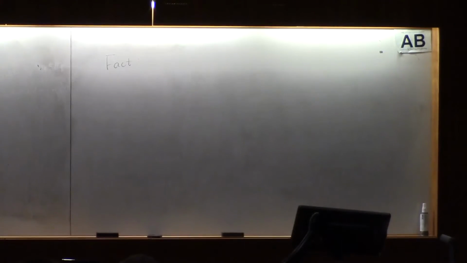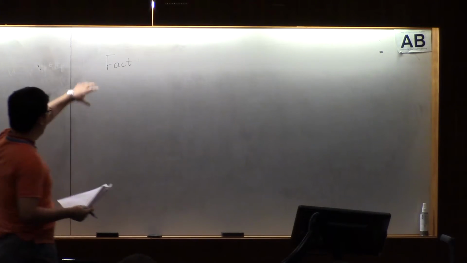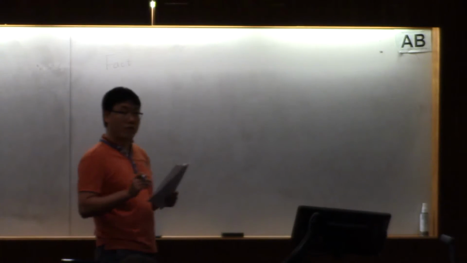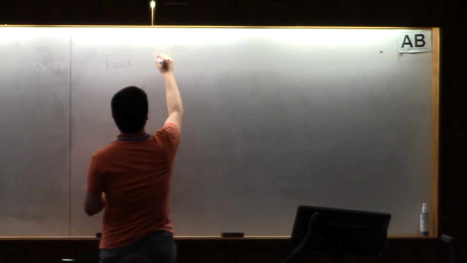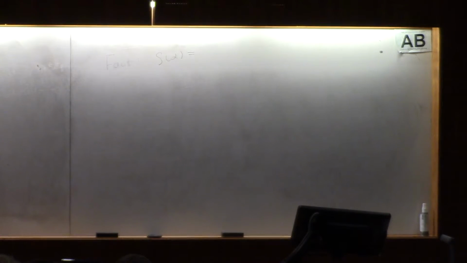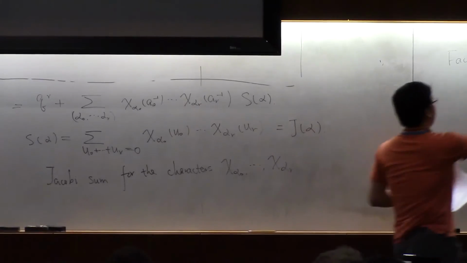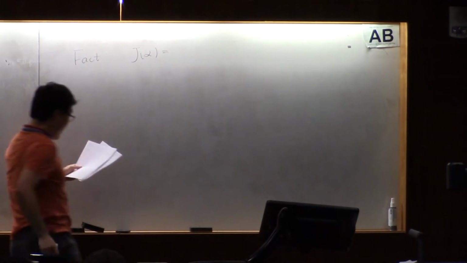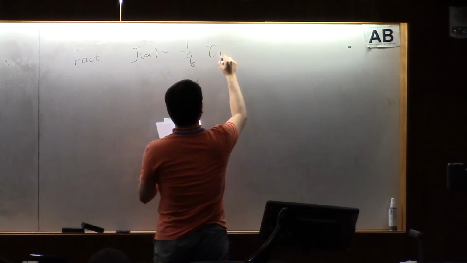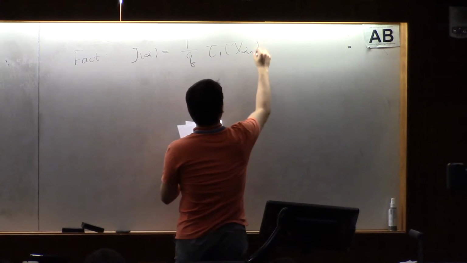And here I want to give you an important fact, which tells you that this Jacobi sum is closely related to the Gauss sum we defined at the very beginning. S alpha, or sometimes I denote it by J alpha, because it is called a Jacobi sum, is 1 over q times the product of Gauss sums tau.